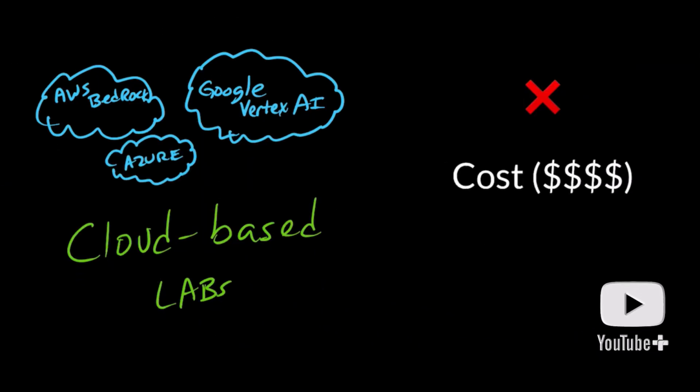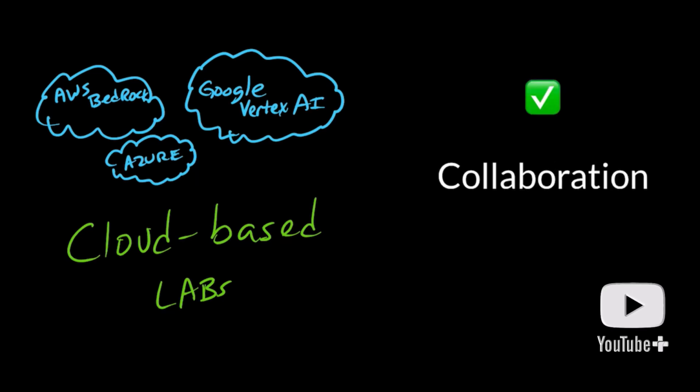One of them is cost as well, because it can also bite you at the end of the day. If you have a pretty comprehensive environment in a cloud environment, whether it's AWS, Google Cloud, or Azure, it's not cheap, right? Now, teams can also collaborate remotely from anywhere. If you're doing this for your team at work, then you can do a lot of collaboration because everything is in the cloud, right?